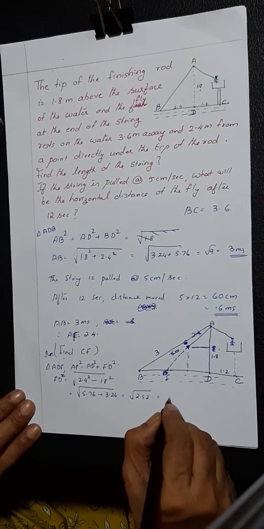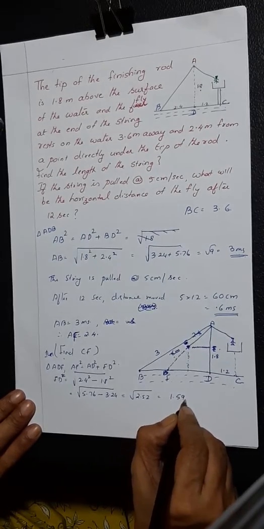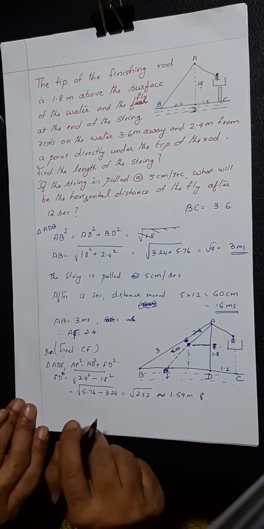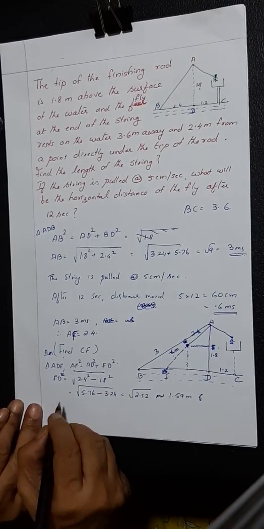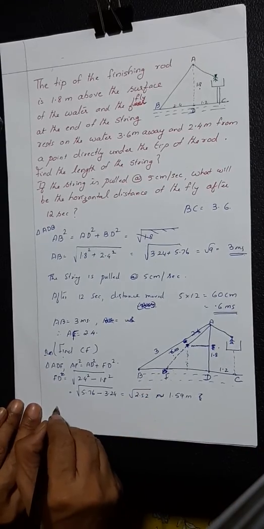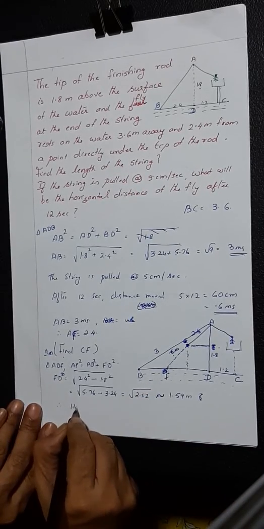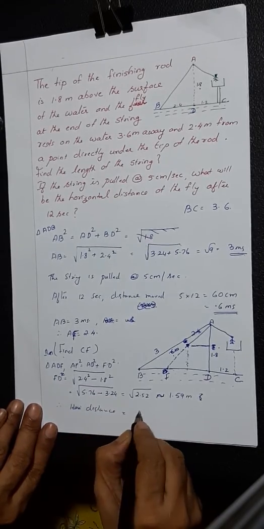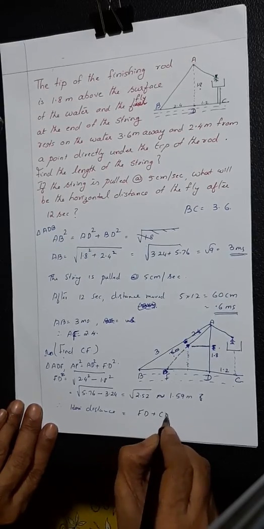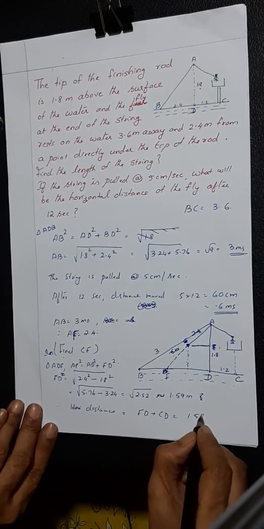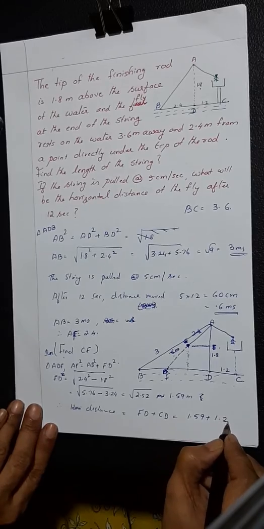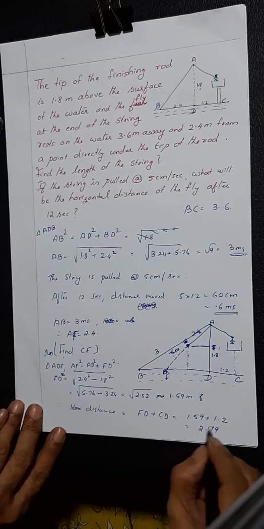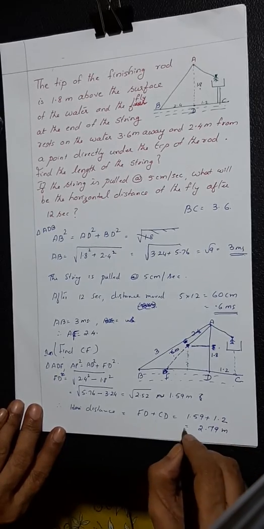Taking the square root, approximately you get 1.59 meters. Now we have to find FC. So the horizontal distance is equal to FD plus CD, which is 1.59 plus 1.2, so you get 2.79 meters approximately.